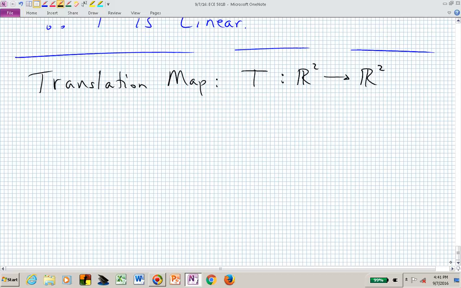And suppose that I now define this translation map to be such that if you give me any vector in R2, with components u sub 1, u sub 2, I'm defining that translation map to shift the first coordinate by 1 and shift the second coordinate by 2.